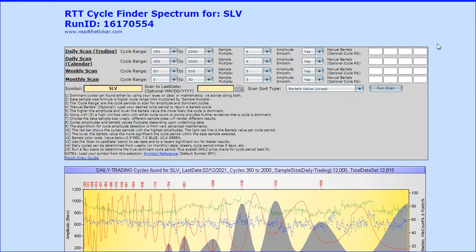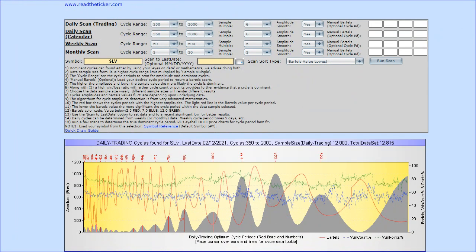So here, because I've done a bit of scanning, I run a cycle range for daily of 350 to 2000, a range of sine waves of 350 to 2000 periods. I'm using a multiple of 6, so that's 2000 times 6, which is 12,000. As you can see down here, the sample data set is 12,000. So I'm using my scan, and the maximum data set is 12,800. Okay.